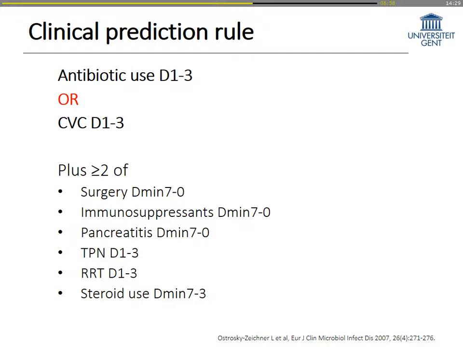Before, I'd like to show you the clinical prediction rule that was developed by Dr. Ostrowski-Zeichner. It's a more complex score, as you can see. So either the use of antibiotics or the presence of a catheter. I think these two factors are quite common in our ICUs, right? Plus two or more of these different variables. And again, you see the surgery, the parenteral nutrition, and RRT coming back here.